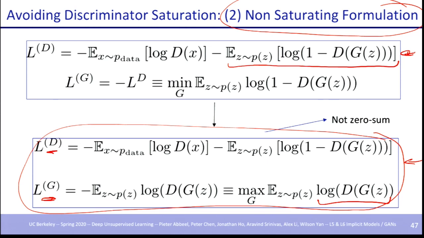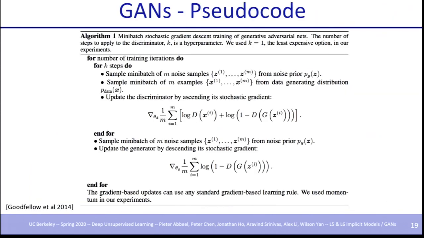Over here, the original algorithm from the paper. They have, for k steps, do this, which is the discriminator updates. They say we used k equals 1, so they don't do too many discriminator updates, just exactly 1. But in principle, you can vary that. Same with the generator. You can, in principle, vary how many steps you do on the generator. So yeah, there are a lot of hyperparameter choices.